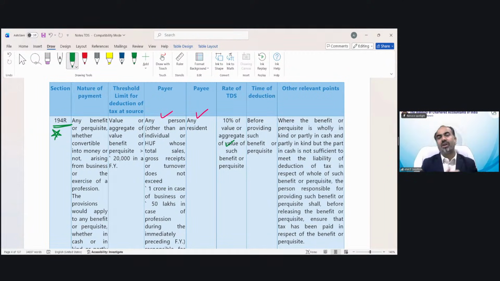And the company gave me an option that if you are able to sell 500 Maruti cars in a year, we will provide you the benefit of a holiday trip for you or your business personnel or your marketing manager, a 5-day holiday trip to Dubai. Or we will give you a certain gift in kind, a new car for the business, etc. So if I am receiving a perquisite not as an employee but as a business venture, for that purpose TDS is going to be deducted under Section 194R.